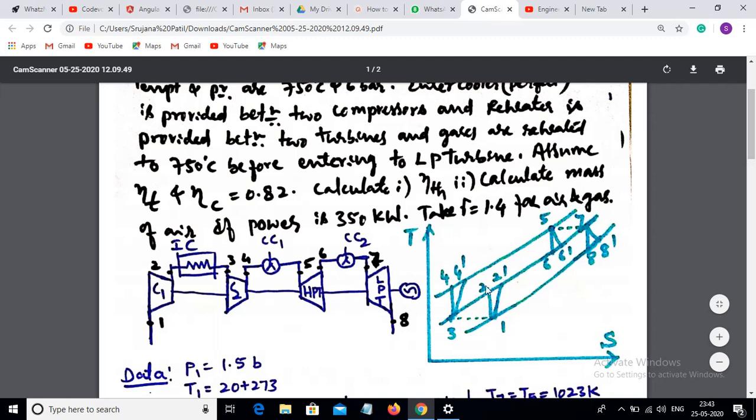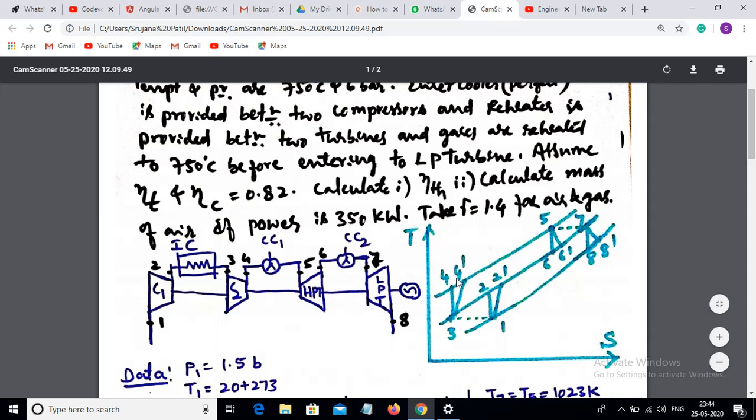At T2 dash and the intermediate pressure we have already calculated, it is 3 bar, it enters the intercooler, so that its temperature will be decreased to T3 such that T3 is equal to T1. At pressure P3, that is P2, and temperature T3, that is equal to T1, it will enter compressor number 2, where it is again compressed to the pressure P4. P4 is nothing but 6 bar, so that its temperature will be increased to T4 dash.